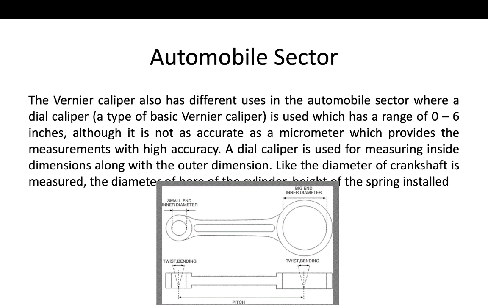Like in labs nowadays, mostly students are using digital vernier calipers instead of the old traditional analog vernier caliper. Same in industry. In the automobile industry, mostly the manufacturing is done by robots. So what are robots doing? They are also measuring and cutting the tools.